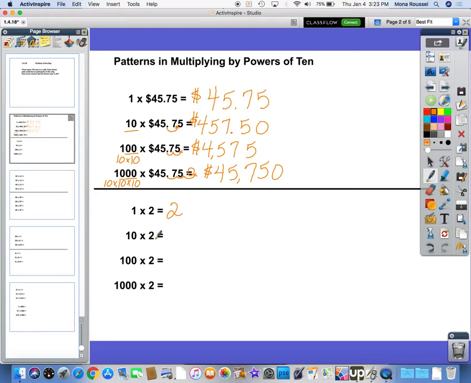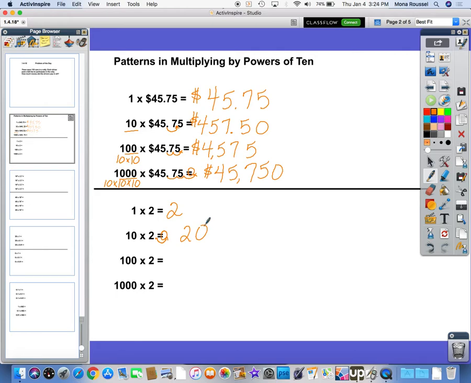So if we add a decimal to a whole number, the decimal would go behind it. Since we're multiplying times 10, we're going to move the decimal one time to the right, adding a 0 in the empty spot, which would give us 20, which I know you know would be the answer to 10 times 2.